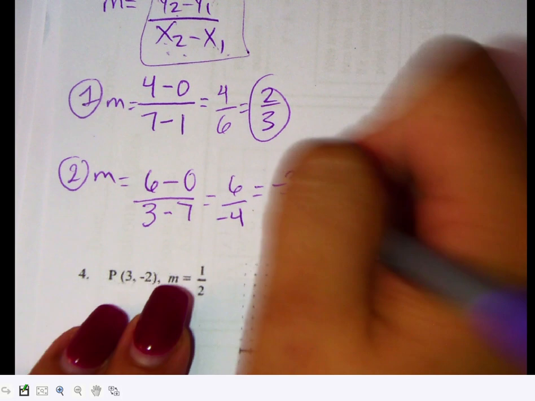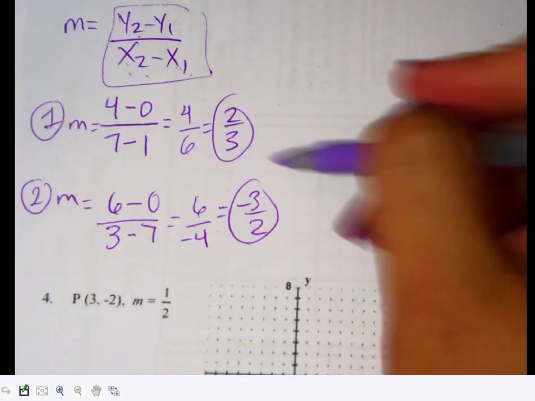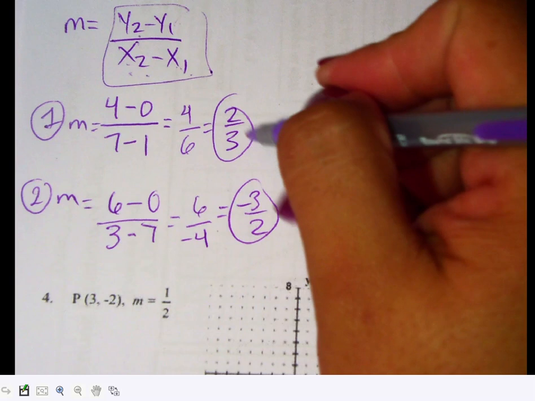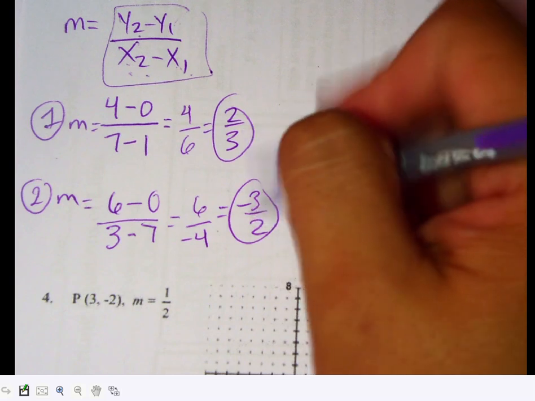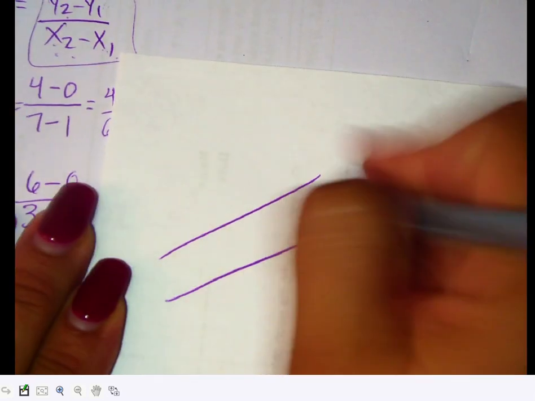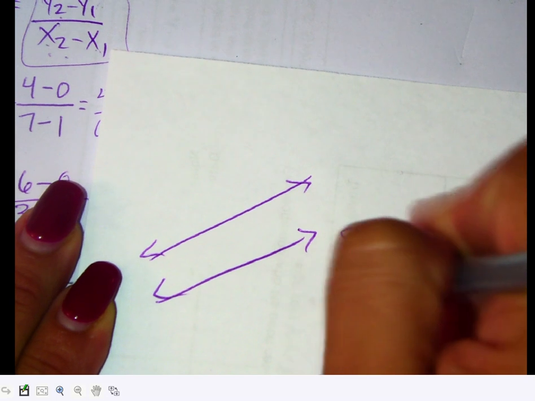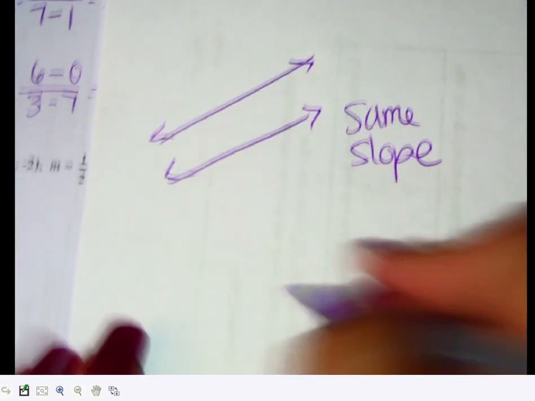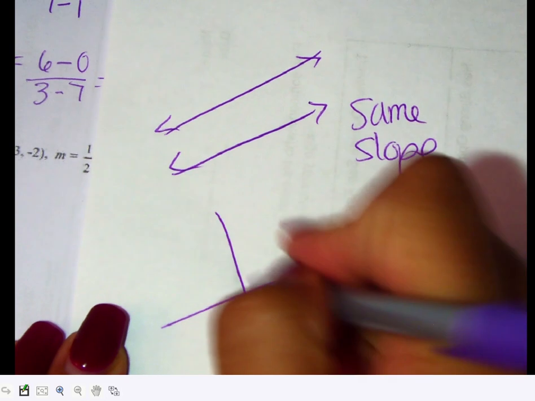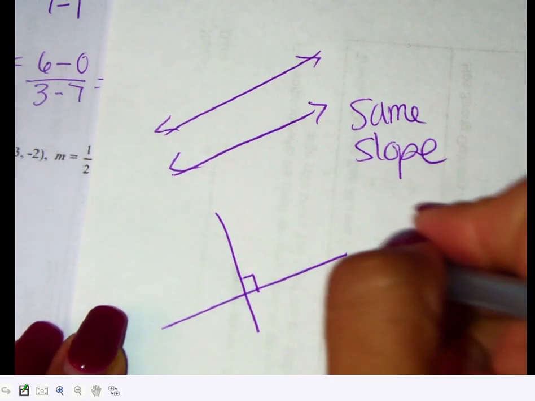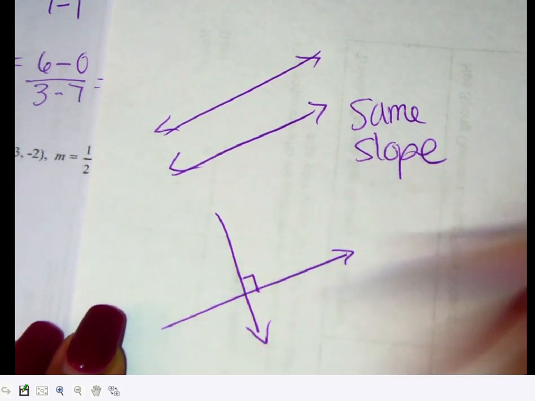One thing we're going to notice in geometry is we're going to be comparing lines that have different slopes, and they're either going to be the same slope. Let me write this on the side. Parallel lines have the same slope. And perpendicular lines, lines that form that 90 degree angle, one's positive, one's negative.